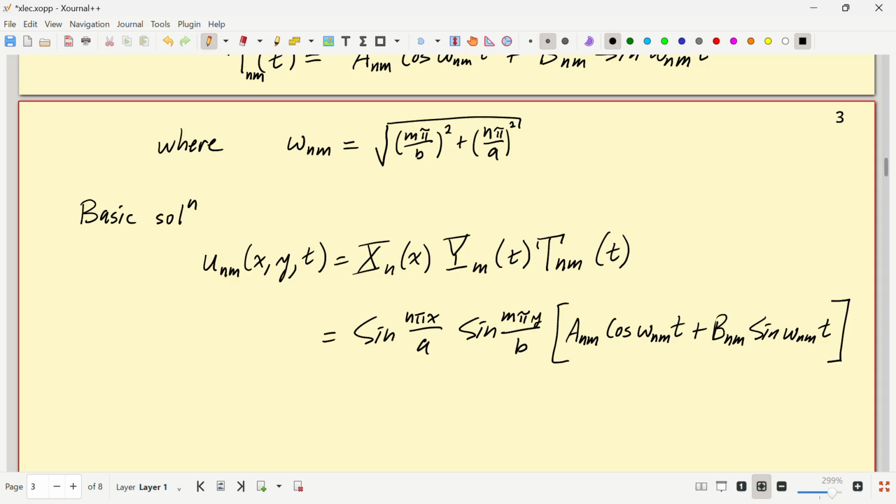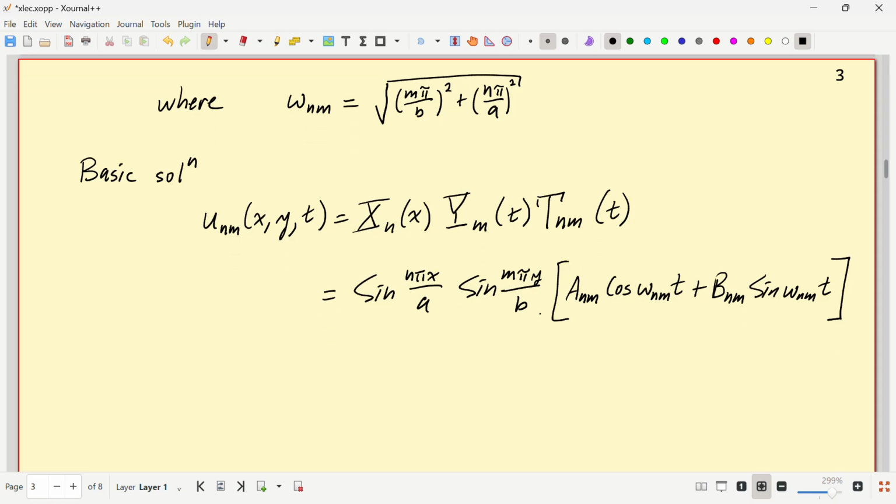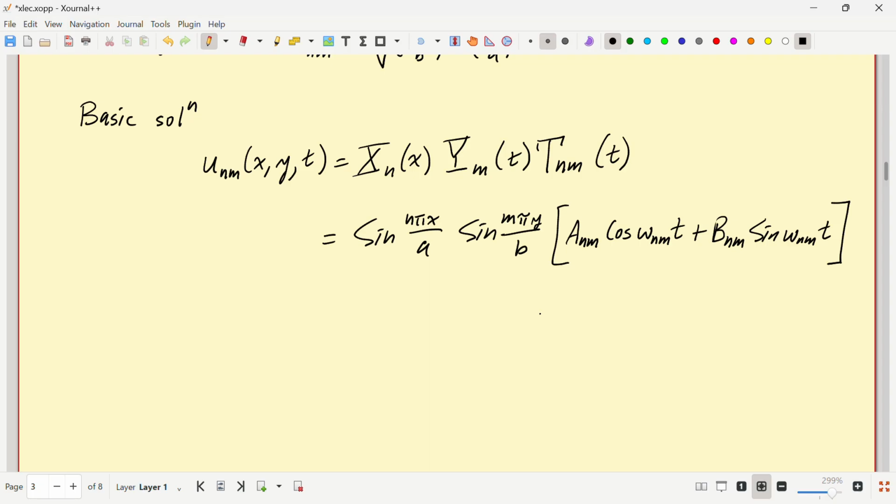The frequency of that vibration is omega nm. So this thing has a sound frequency. It's like the overtones of a string, except these are really weird looking numbers involving square roots.